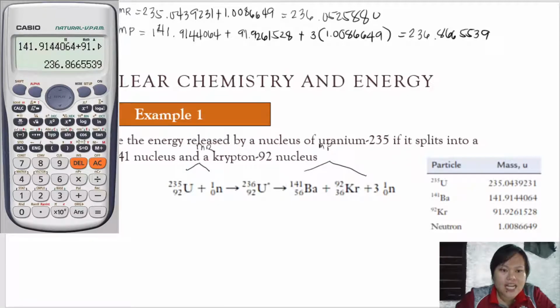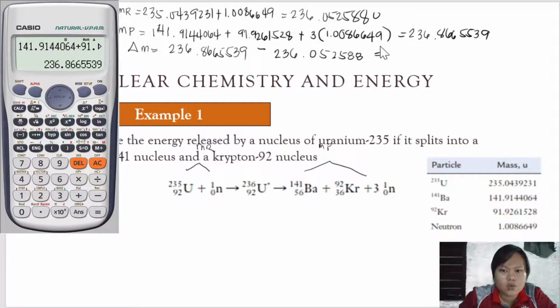So getting the mass defect, we would have to subtract our mass of products from our mass of reactants. So the mass defect, our delta M, is equal to 236.8665539 less 236.052588.